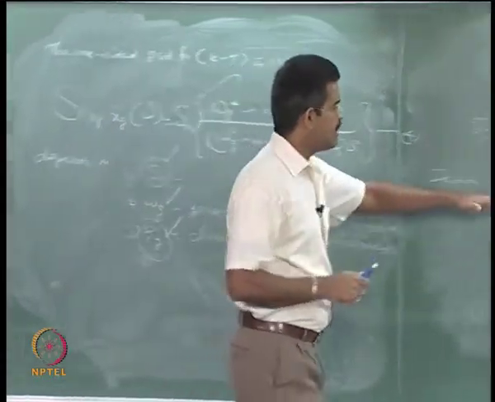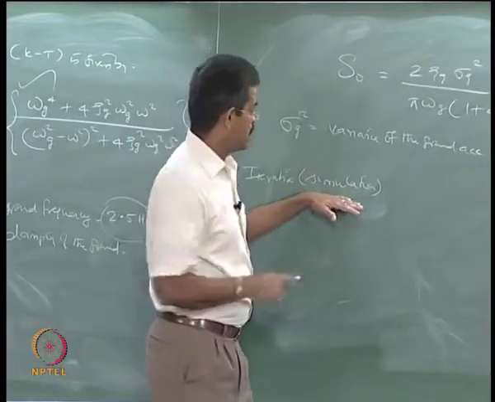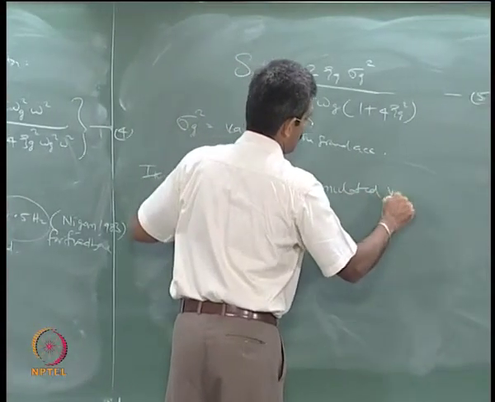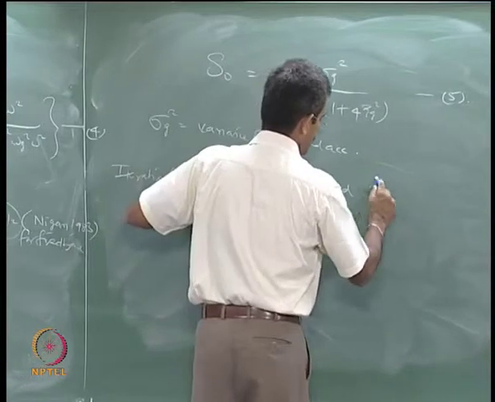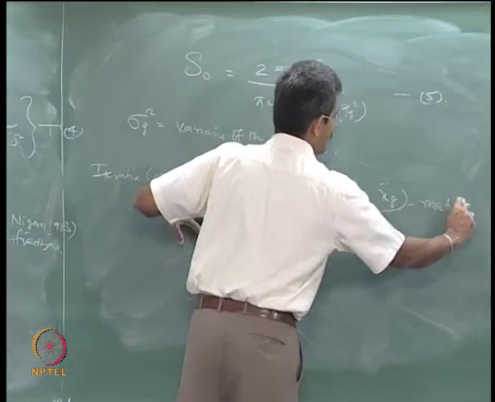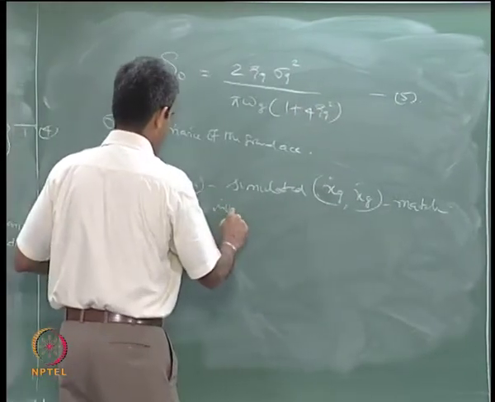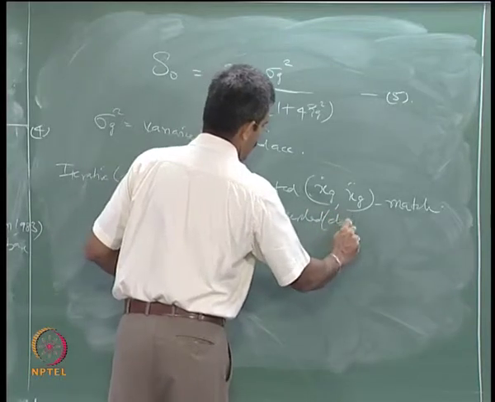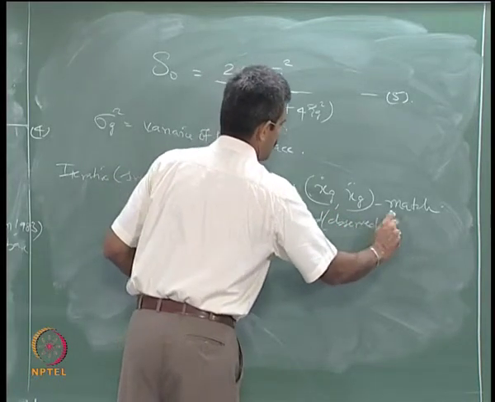You have to simulate a signal in such a manner that the simulated velocity and acceleration, x dot g, x double dot g, match with the recorded or observed x double dot g.